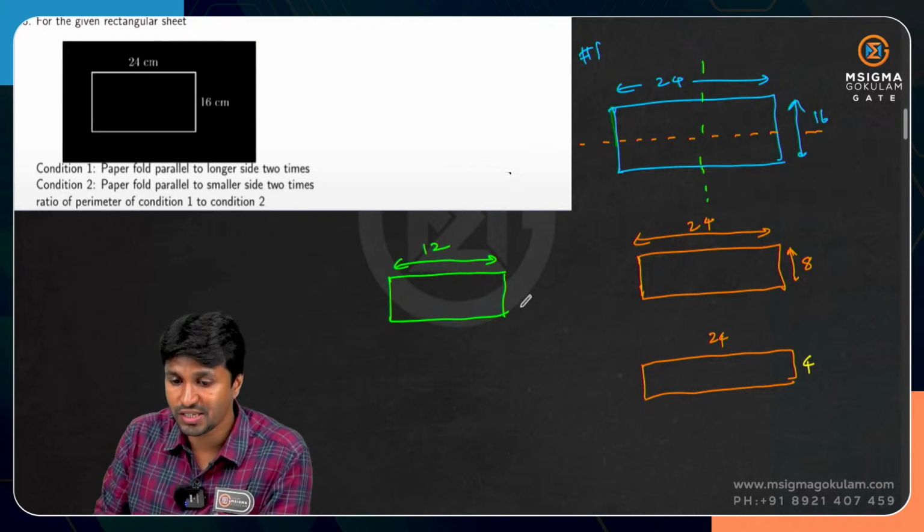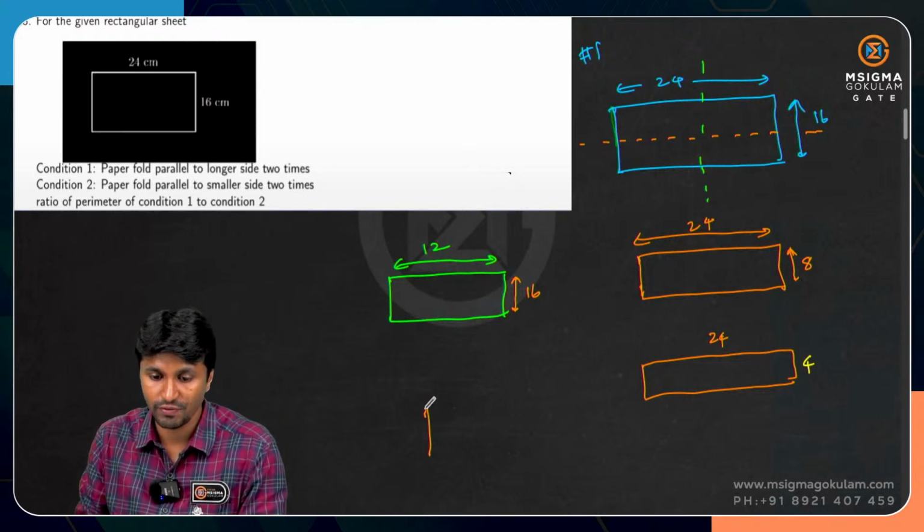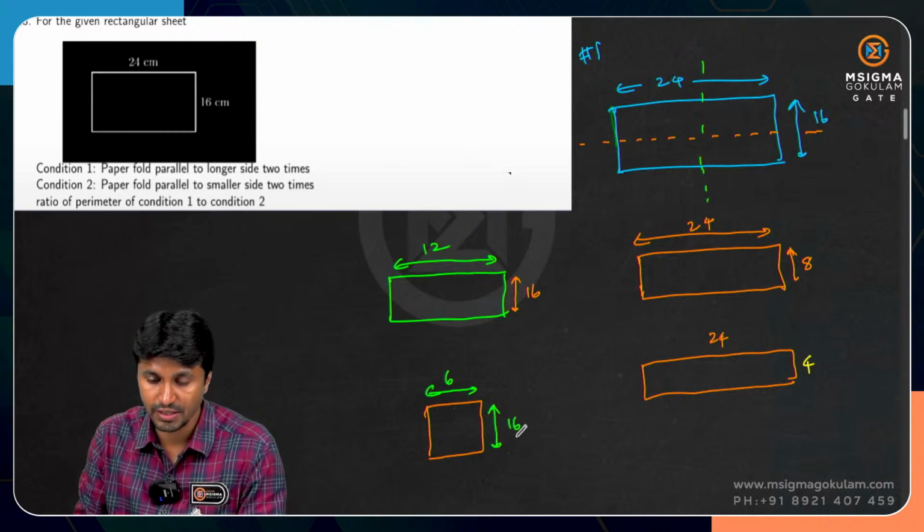What about this length? This length remains as it is. Now this is what you get when you fold it once. You have to fold it twice, so this is what you get when you fold it twice. So this is equal to 6, and this length remains the same.